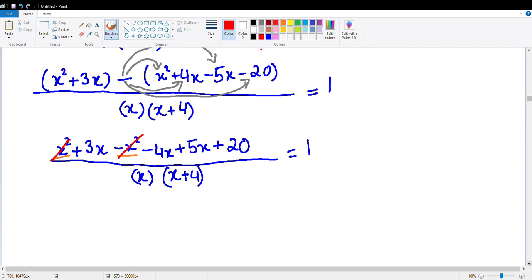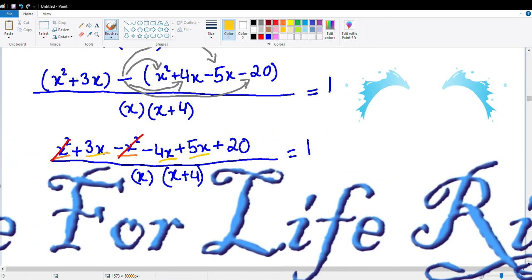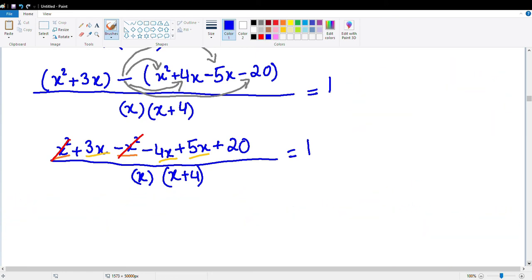Then the x terms, 3x, minus 4x and 5x, we're going to simplify them, and 20 is just single for life. So we cross that out, and we have minus 4x and 5x.